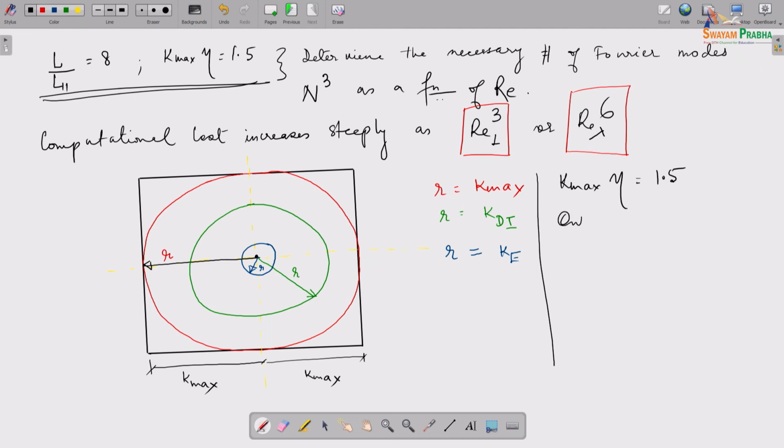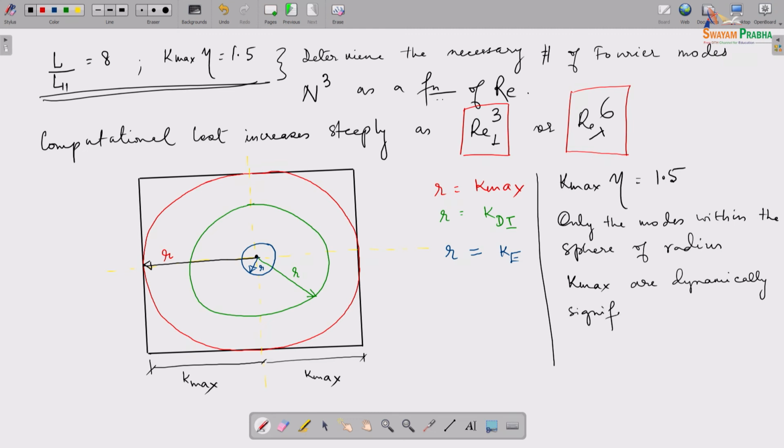So, only the modes within the sphere of radius k max are dynamically significant.